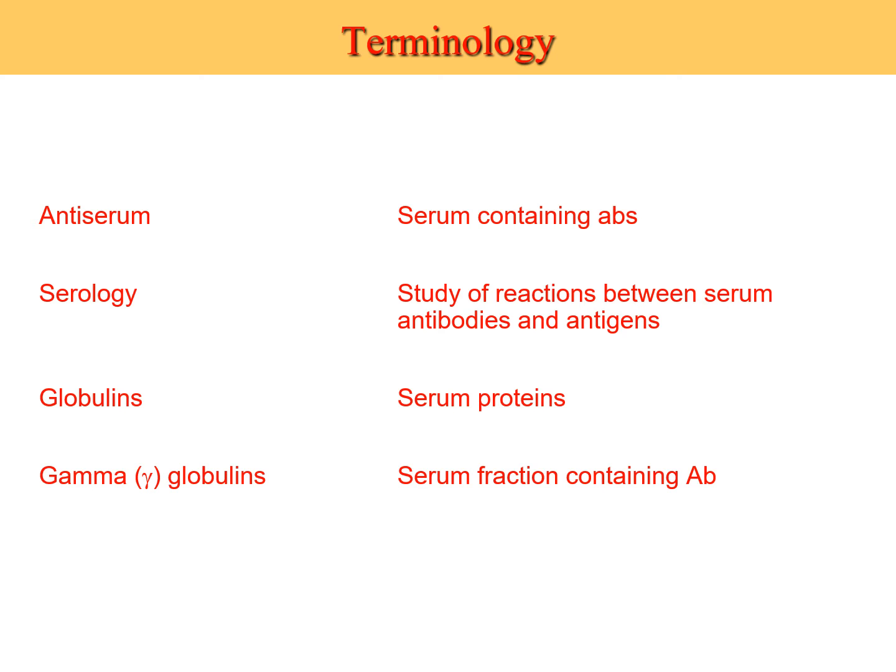In your plasma, remember that plasma is the fluid part of unclotted blood, but once it gets clotted, the liquid remaining is serum. So serum is essentially plasma without clotting factors, right? Once it's clotted, all the clotting factor proteins are used up, and it's serum.